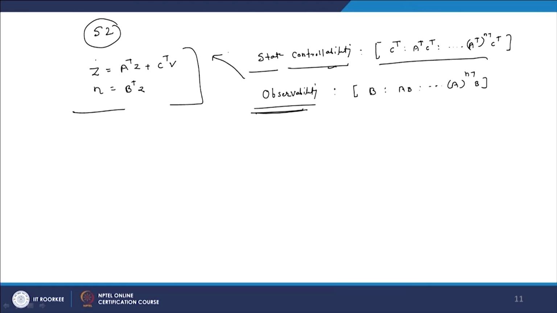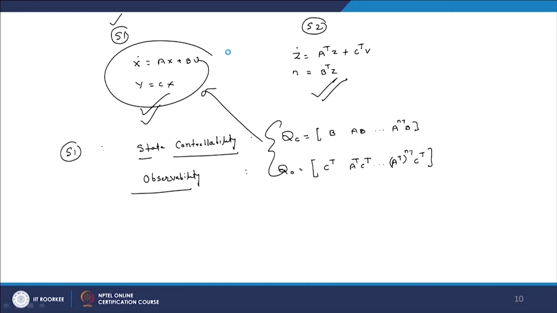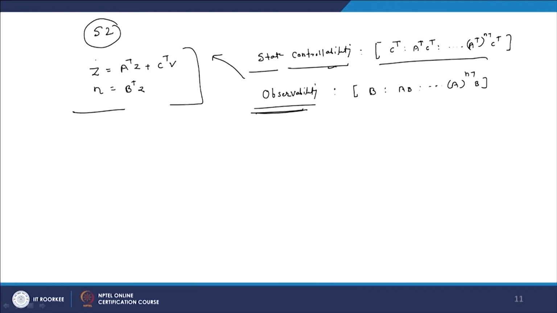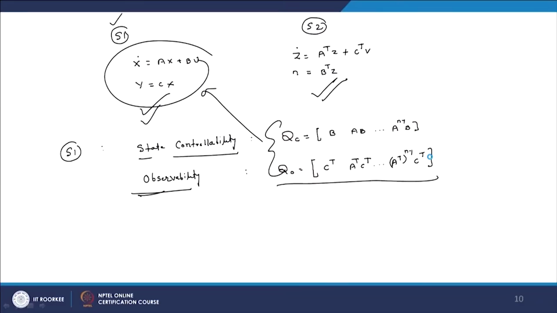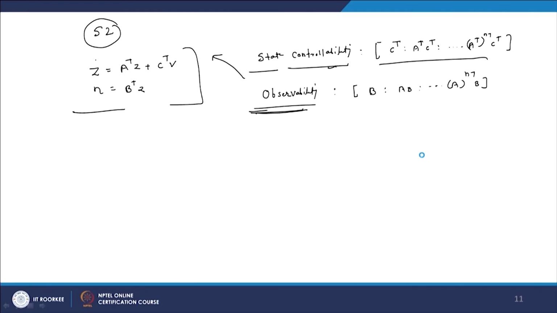If you compare the state controllability for S1, B, AB, up to A raised to n minus 1 B, the same equation comes here in terms of observability. That is, controllability in S1 is nothing but the observability in S2. Similarly, the observability in S1, C transpose, A transpose C transpose, up to A transpose raised to n minus 1 C transpose, becomes the state controllability here.